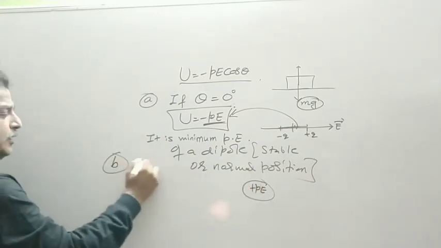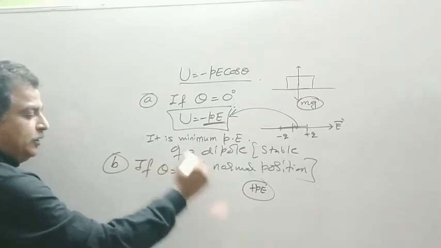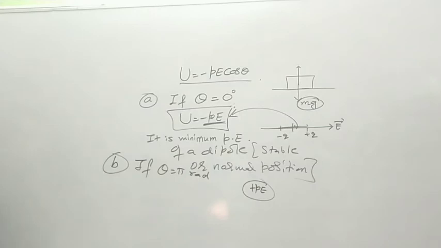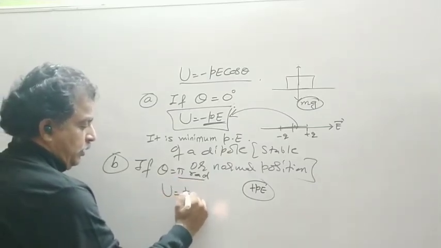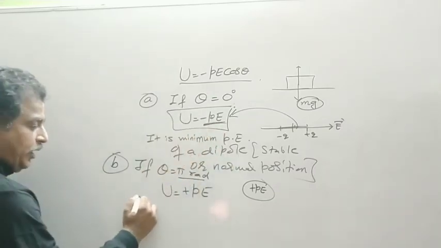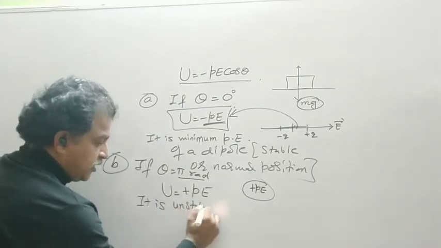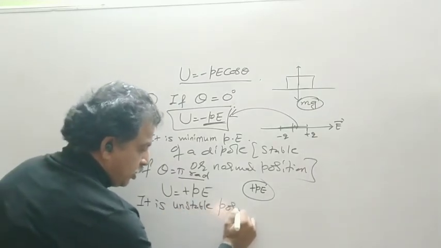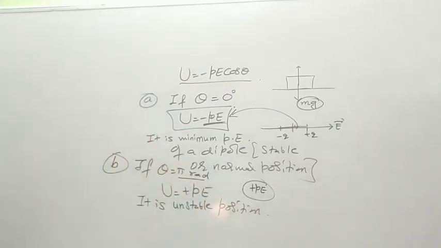Now second case, if theta is equal to pi radian, cos of 180 or pi radian is minus 1, so it becomes plus PE. It is the unstable position of a dipole, and the value is the maximum value.